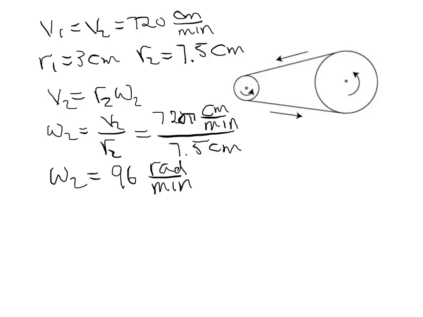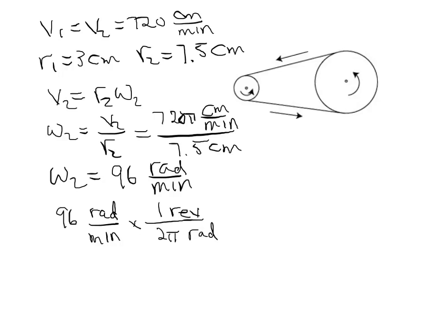That now tells us what the angular velocity is, and if we want to relate that back to revolutions per minute, we can do in effect the same thing. We take what we did before, in reverse, take the radians per minute, and we want to convert that to revolutions per minute. And so again, we want, in essence, the radians to cancel, so we put the radians down here, 2 pi radians for every 1 revolution.